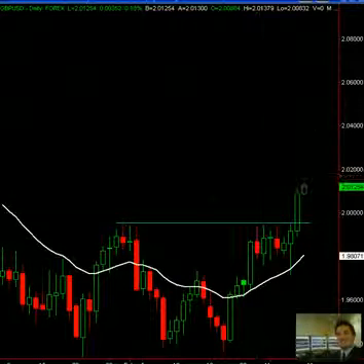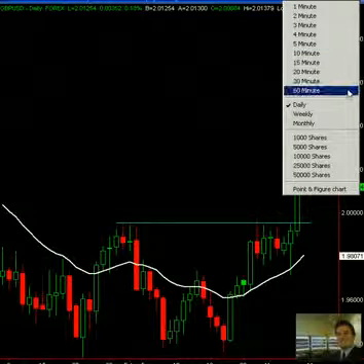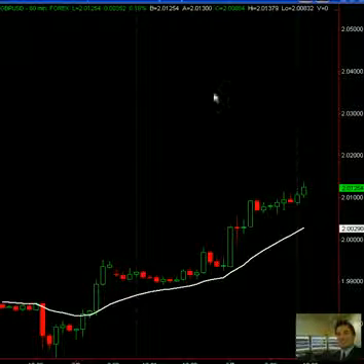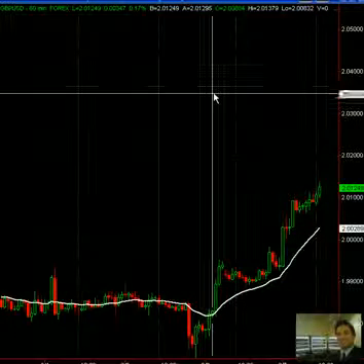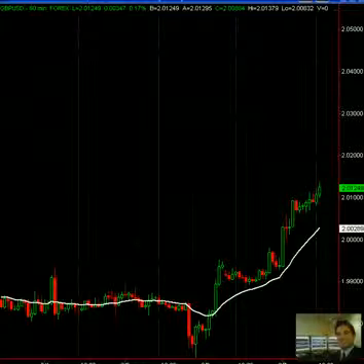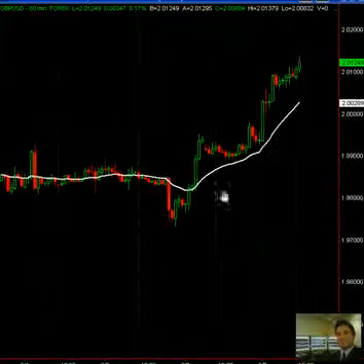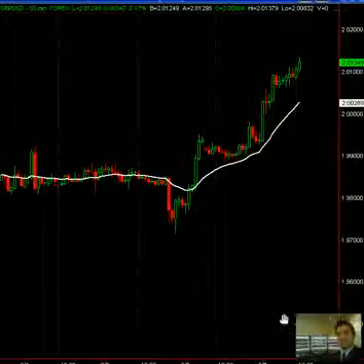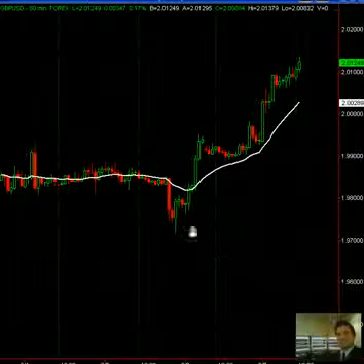So if we narrow down to a smaller chart, let's say a 60-minute, I'll take you to that exact day. Okay, let's take a look at Tuesday's session.